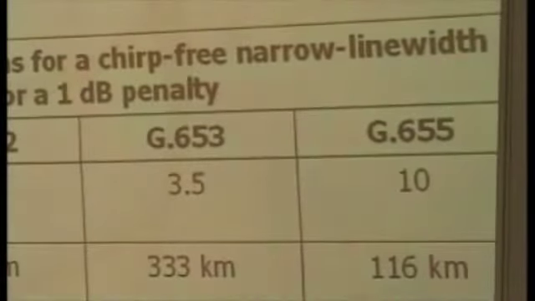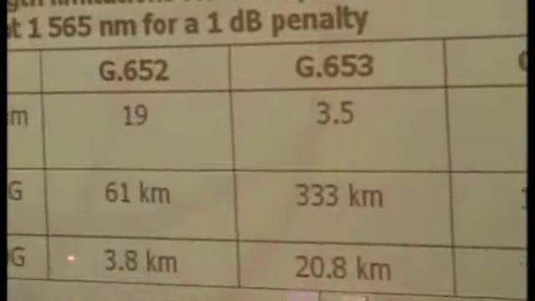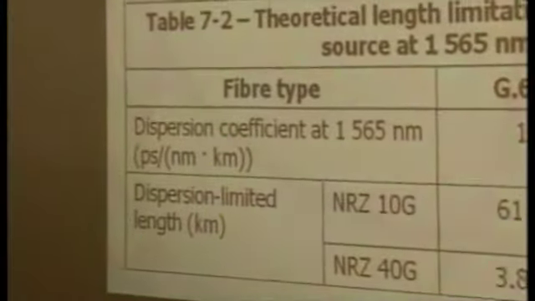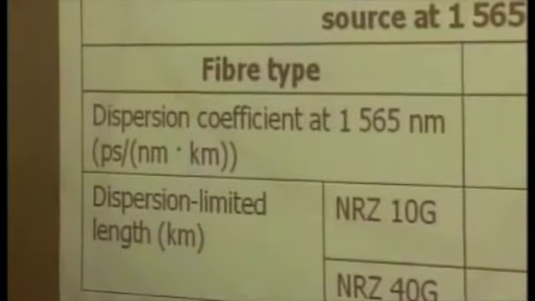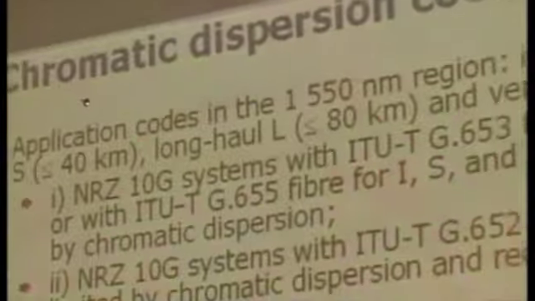And this length is drastically reduced for an NRZ 40G signal: G.652 fiber permits only 3.8 kilometers, G.653 20 kilometers, and G.655 7.3 kilometers. So this means the 25, 40, 80, 120 kilometer transmissions cannot be used for 40G systems. Okay.